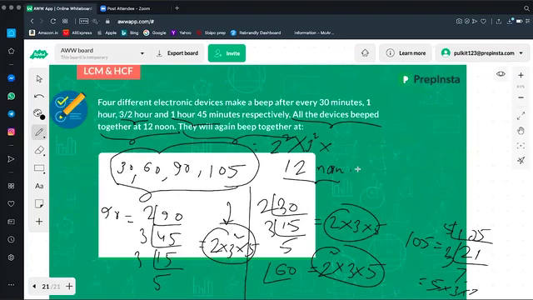For 5, it is 5 to the power 1. For 7, it is 7 to the power 1. So what is the answer for this, guys? One two six zero, right?